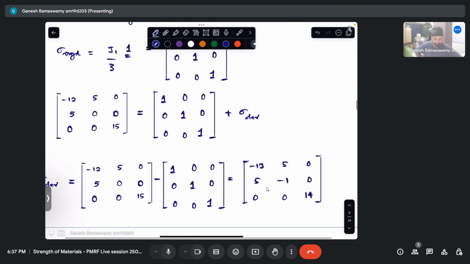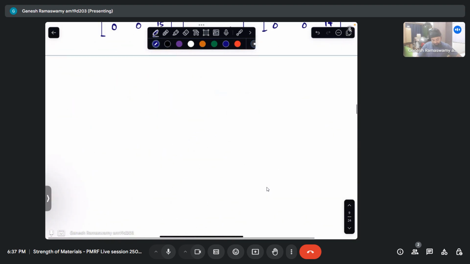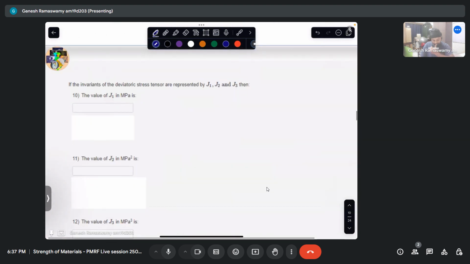So now the question asks, what are the invariants of this deviatoric stress tensor? And there is a reason behind asking this, because in the later portions, when we discuss the theories of failure, the von Mises theory has essentially something to do with the invariants of the deviatoric stress tensor, predominantly J2.